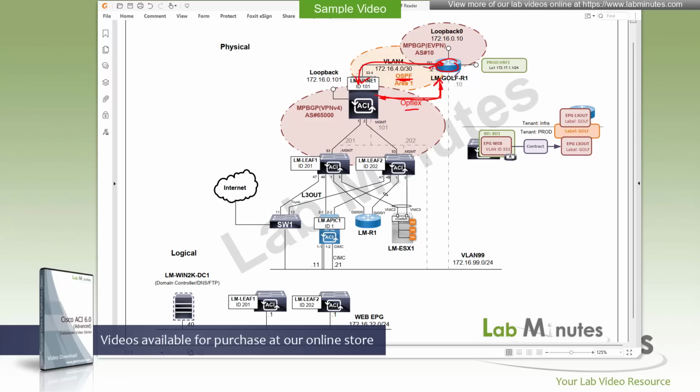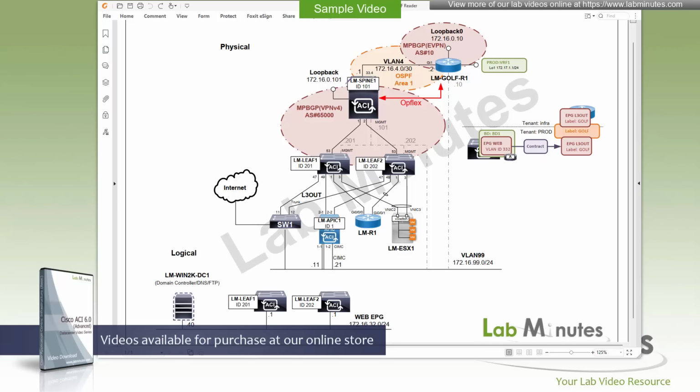And again, you will see what those configurations look like exactly later on in this lab. Once the Golf router has all the reachability information, it will be able to forward the traffic correctly through the spine, obviously, to the leaf VTEP. And that's how the connectivity is established between the external network via Golf to the ACI fabric.